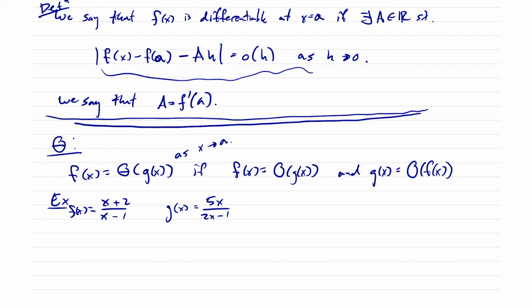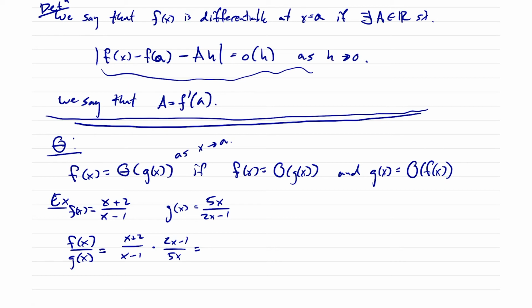Essentially what we need to show is that f of x is big O of g of x, and g of x is big O of f of x. So one way to do that is to just take the ratio. So f of x over g of x, what is that going to give us? So we have x plus 2 divided by x minus 1 times 2x minus 1 over 5x.